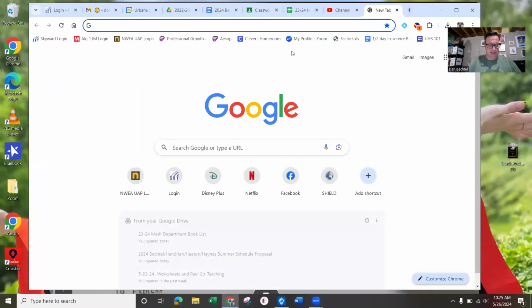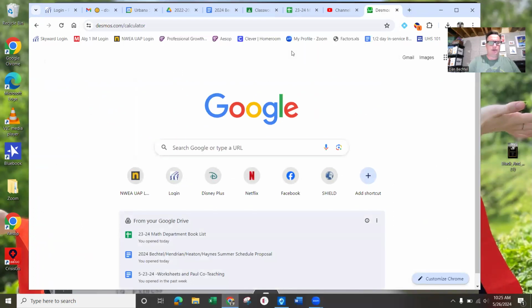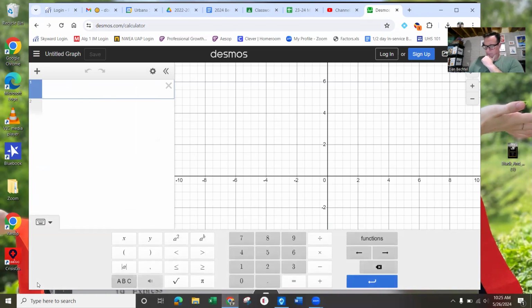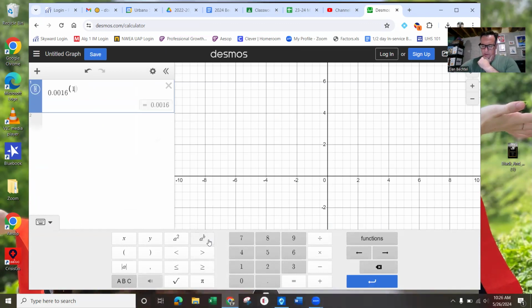So if I'm looking at Desmos, this is the thing they gave you for your test. Let's pull this up here. We will go 0.0016, and I'm going to raise that to the open parentheses 1/4 power, because that's like taking the 4th root.